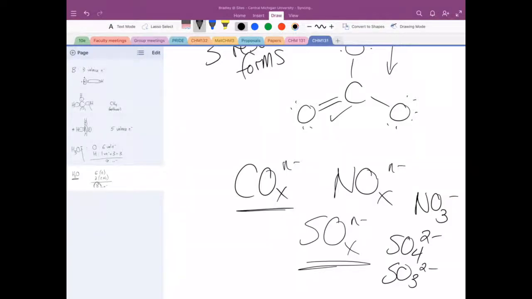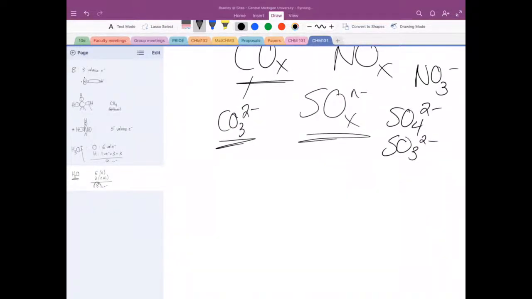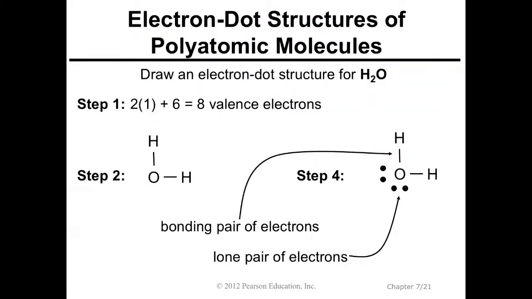So you'll see these different resonance forms. We already looked at carbonate. You'll see these resonance forms with these types of structures.